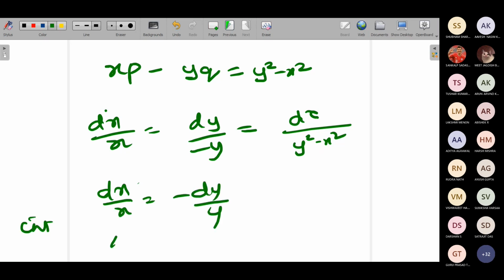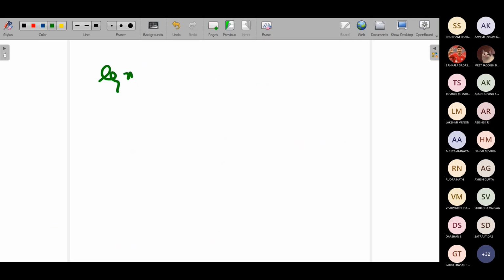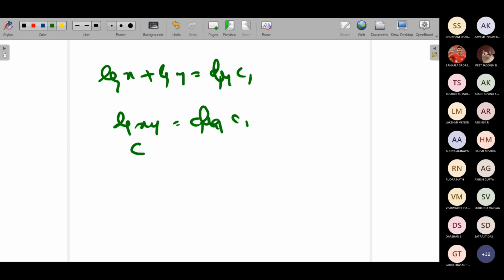So integrating, you'll get log x plus log y is equals to log c1. So xy is equals to c1. That is your first answer.